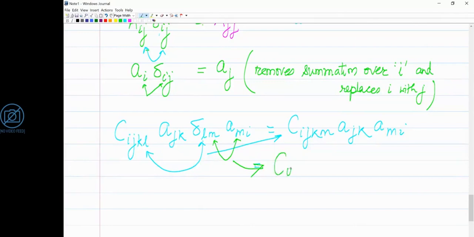The other index of Kronecker delta, which is l here. So this becomes C_ijkl A_jk into A_li.